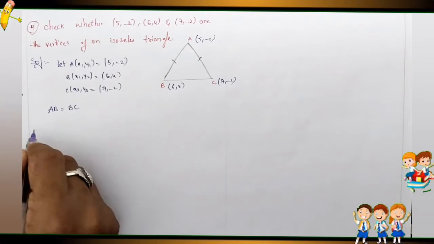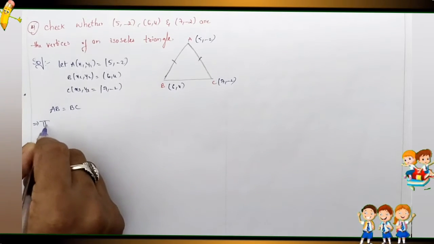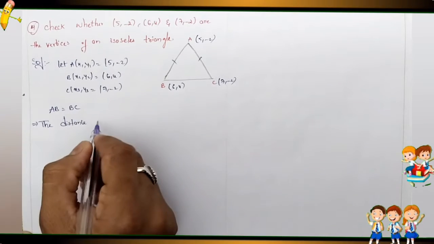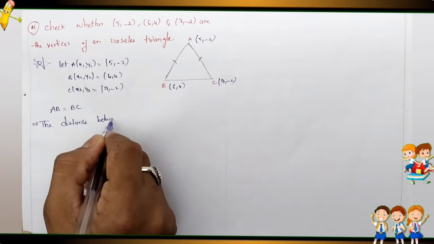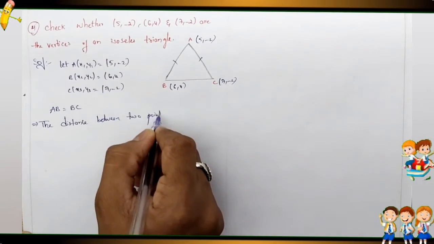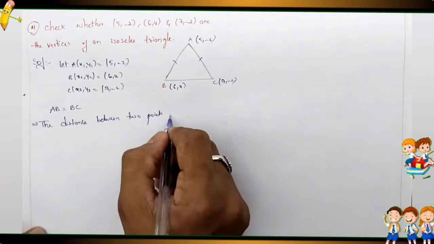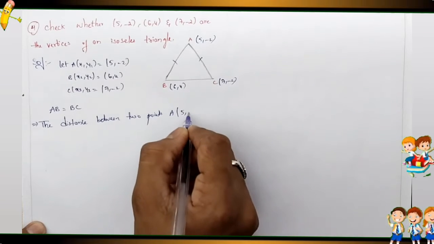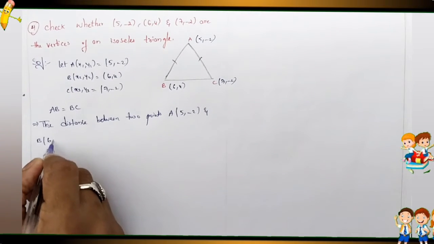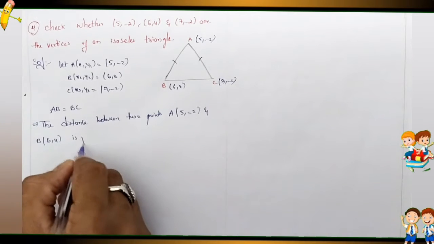Let us solve now. Write down the distance between two points. First we have to find the AB distance. A is (5, -2) and B is (6, 4). What is the formula?